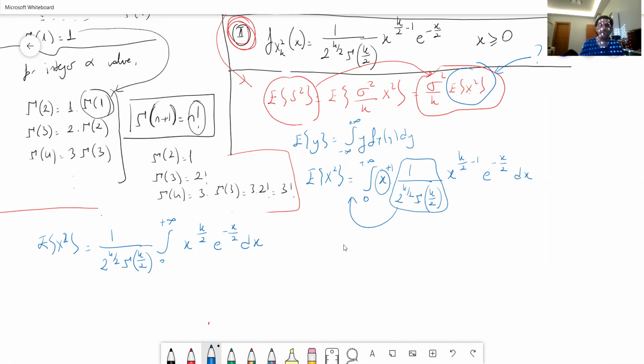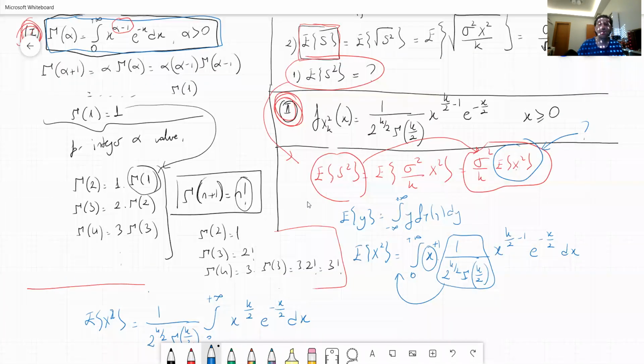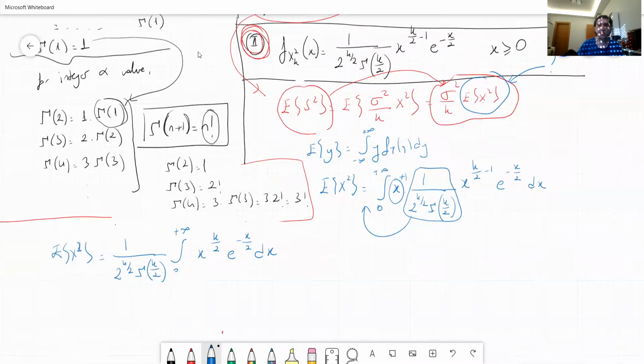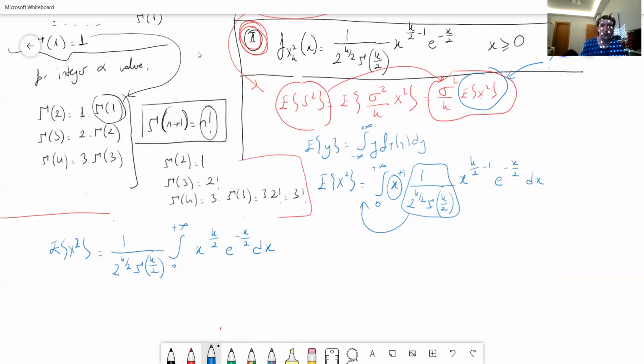Now note that this form of the function, x raised to the power k over 2 and exponential raised to some function of x, is very much like the gamma function. So let's make it exactly look like the gamma function. So x over 2 is going to be equal to u, x is equal to 2u, and dx is equal to 2 du. I'm going to concentrate only on this part, including this dx.